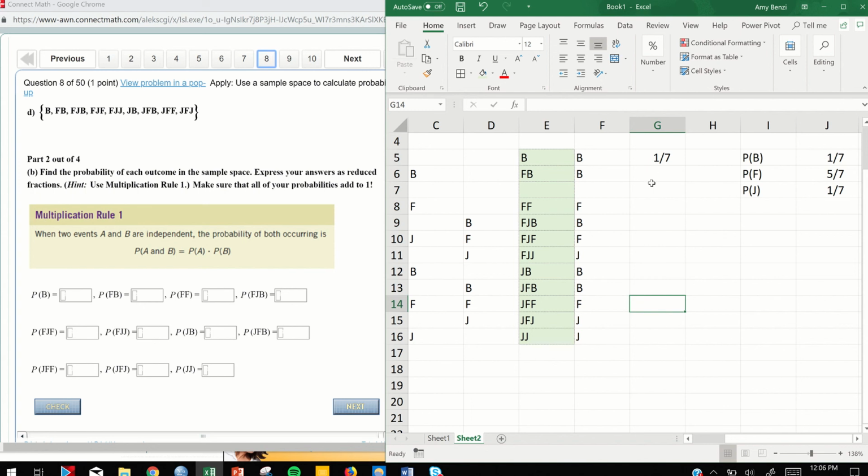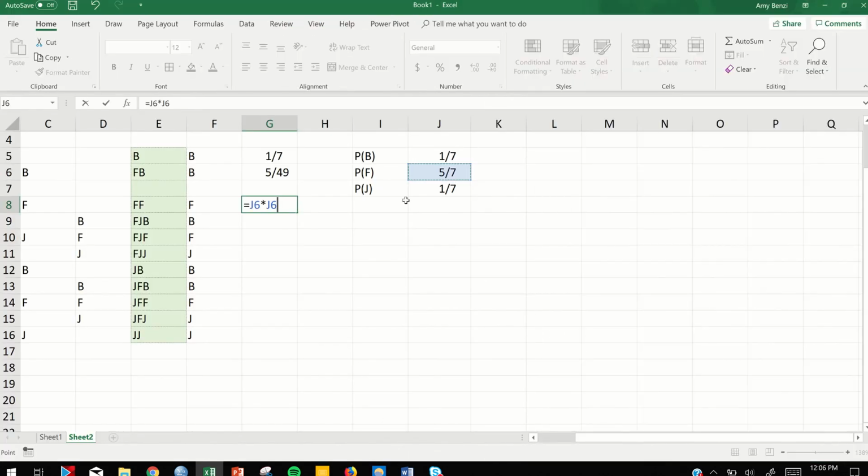All right, so now I see the probability of Fran and Bob. So I put an equal sign. It's the probability of Fran, so I'm selecting Fran's probability over here, times the probability of Bob, which is right here. All right, so here I have the probability of Fran times the probability of Fran. And you guys, I'm kind of going fast because you're Excel people now.